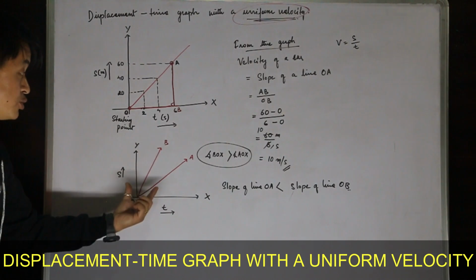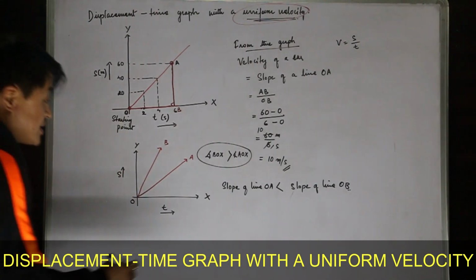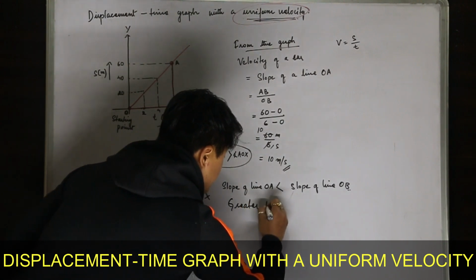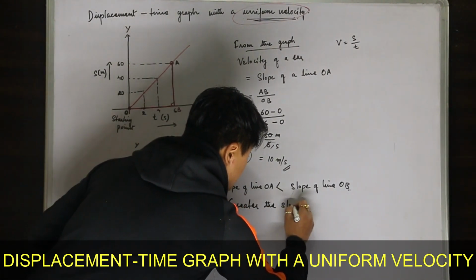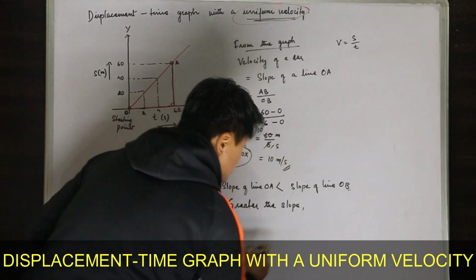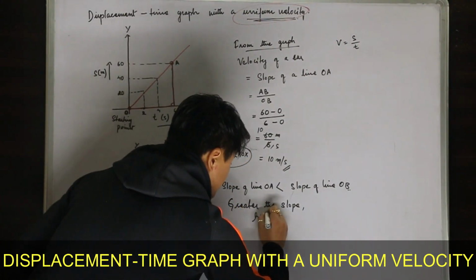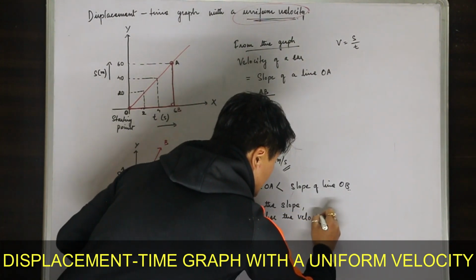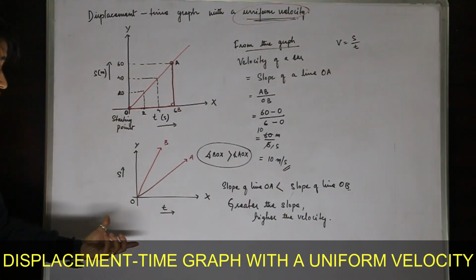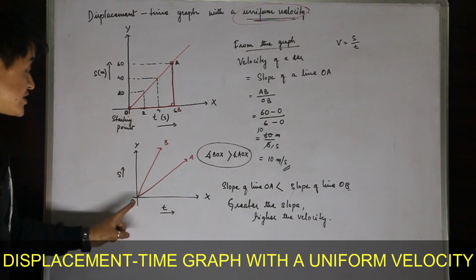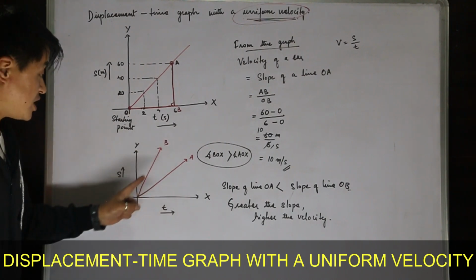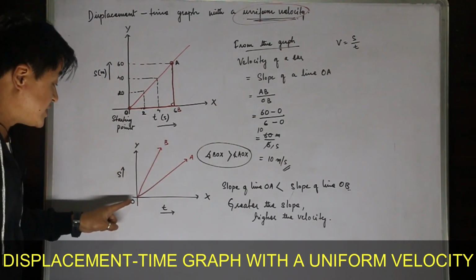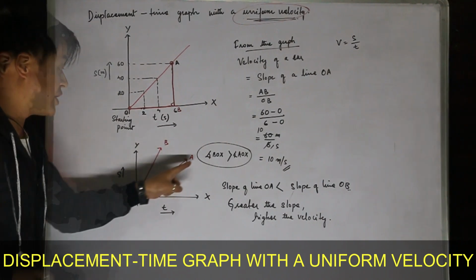Now we have to know one point, that the greater the slope, the higher the velocity. From here we can easily say whose velocity is more? The velocity of B is more. Why? Because line OB forms the greater slope than that of the line OA.